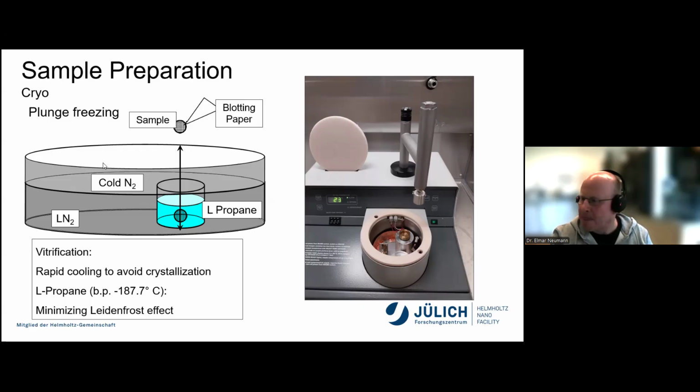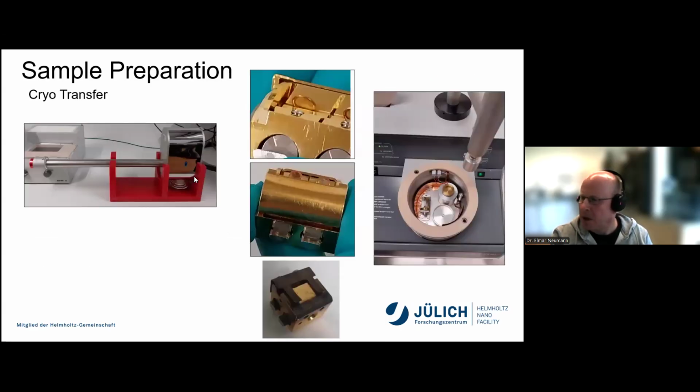After that, with the help of a complex transfer machinery, you put your sample, in this case for example 10 grid holders, pre-tilted ones, or a silicon wafer, into this transfer shuttle.